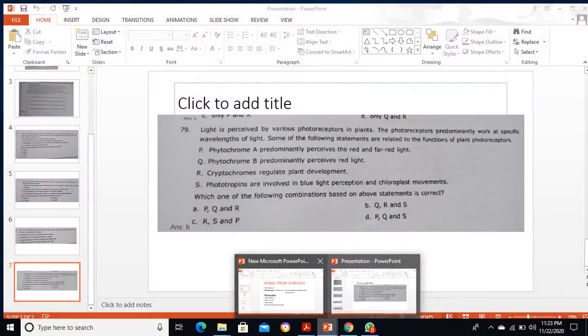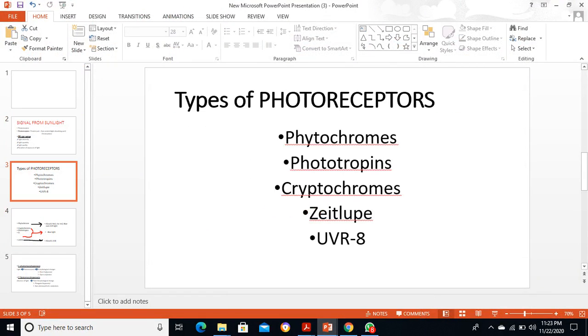Now, next is the five types of photoreceptors. How many types are there? You know there are different types of light, different wavelengths of light. There are red light, blue light, green light, UVB light. These lights have different wavelengths.